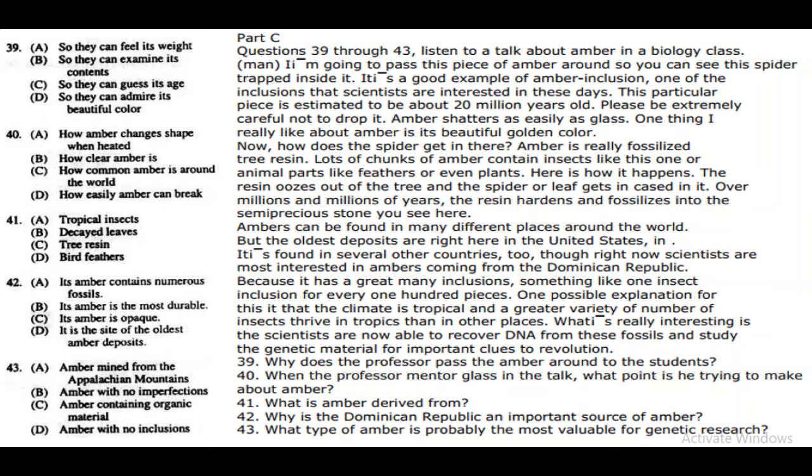Number 39. Why does the professor pass the amber around to the students? Number 40. When the professor mentions glass in the talk, what point is he trying to make about amber?